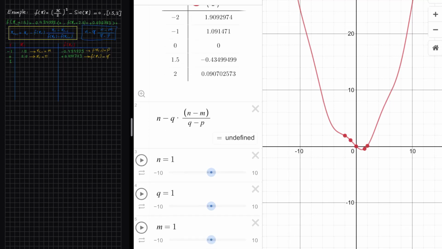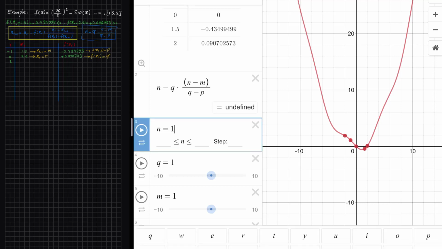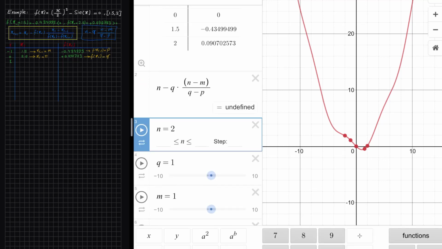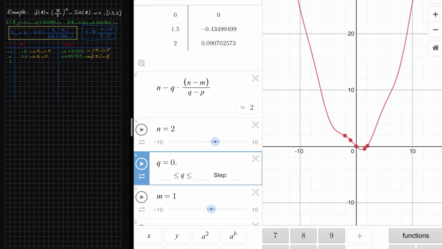Okay, for n, which is our xi, we give the value of 2. For q, which is our f(xi), we put the value of 0.0900703.